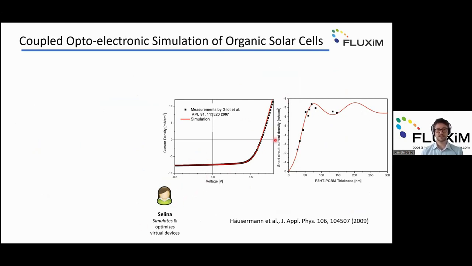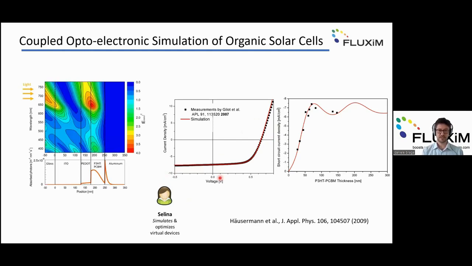She's taking experimental curves and then using diffusion equations to fit the experimental data. We developed, already more than 10 years ago, a software which allows you to calculate and to study light penetration in solar cells.